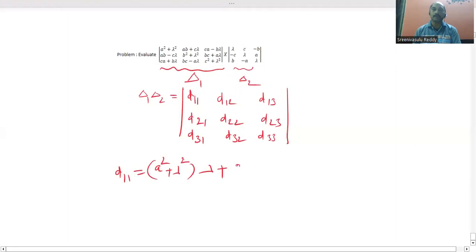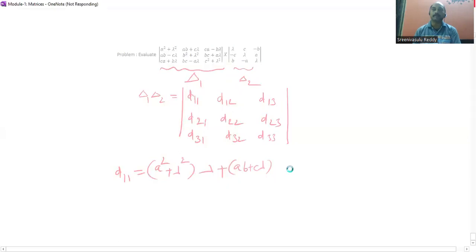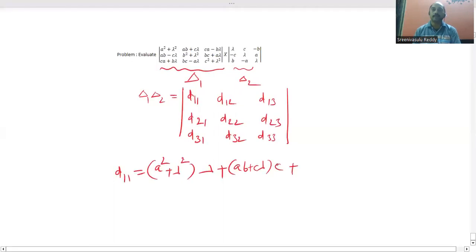The second element of the first row is ab plus c lambda, into the second element of the first row, c, plus the third element ca minus b lambda into minus b. Simplify this expression.